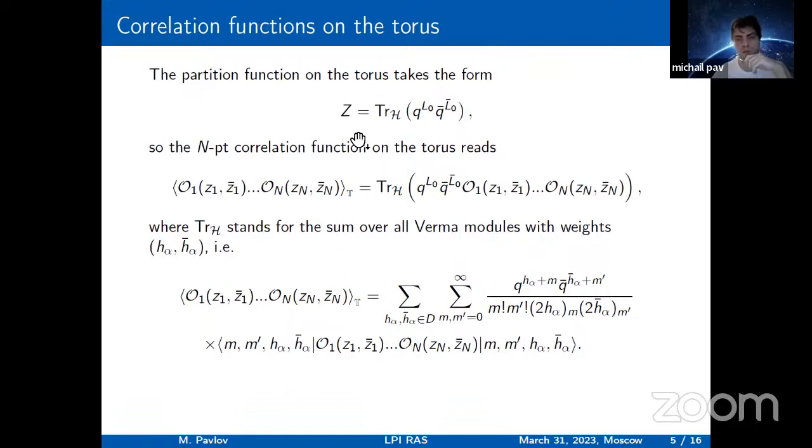So here, since we know the partition function on the torus, we could construct correlation functions in the second equation here, where this trace on the Hilbert space of the theory could be written as follows.